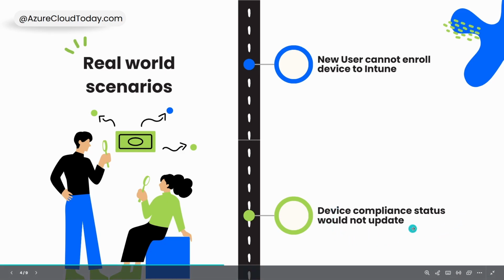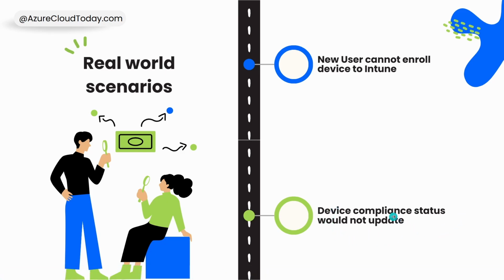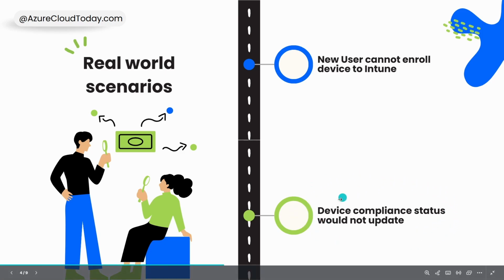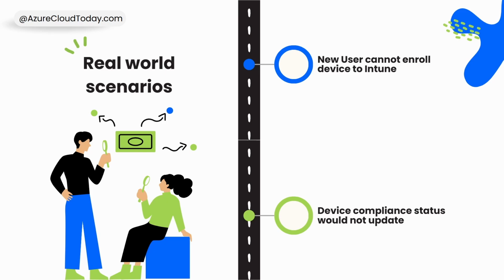Upon investigation, it is revealed that background app refresh on the user's iPhone is turned off, due to which the device never received the updated policy, and the updated compliance status of the device was not provided to the Intune admin center. Hence, the device always showed as non compliant. I gave you these two examples to explain the type of issues that can be solved after reading the diagnostic logs that the Company Portal generates.